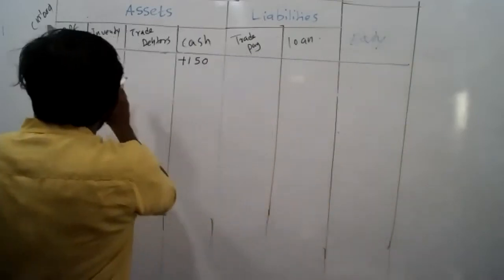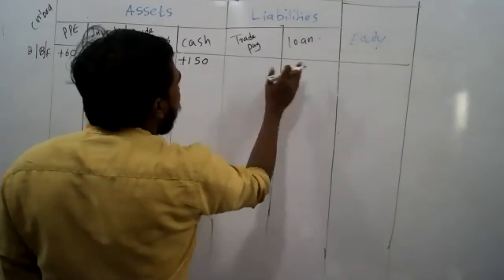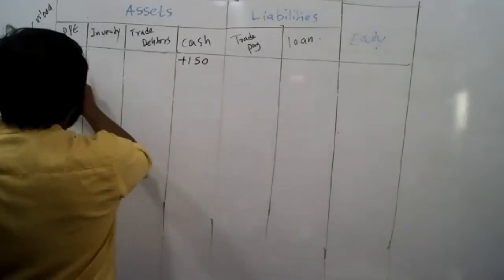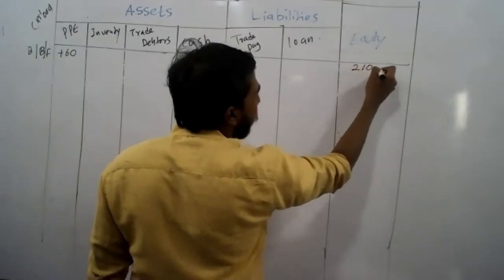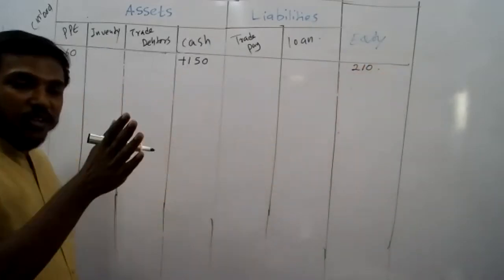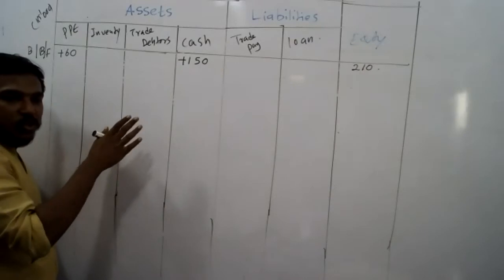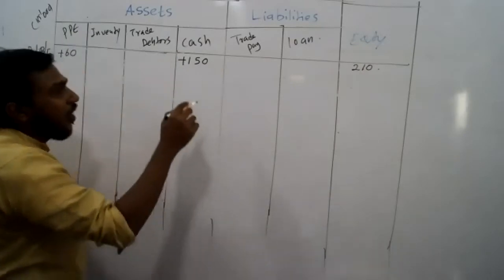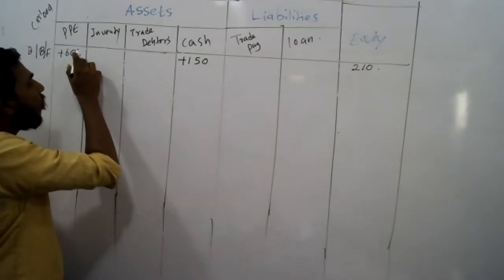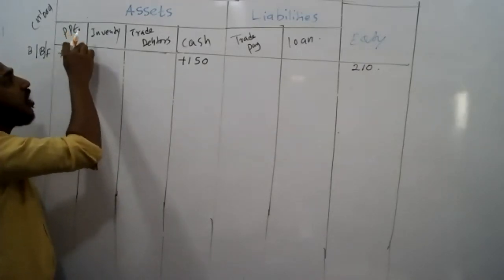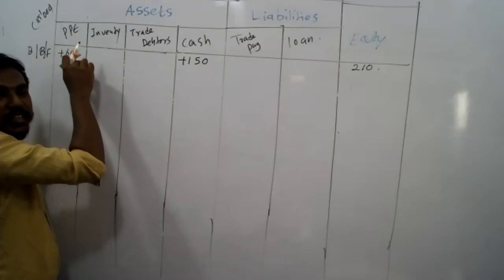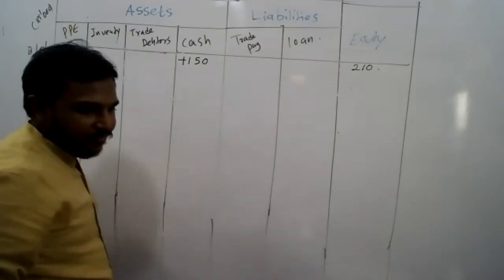Now how much is the total investment made by Narada? 60 furniture, 150 cash, so altogether it is 210. Students who missed this opening balance of 60 of property, plant and equipment didn't depreciate the furniture and fittings. Clear? So that's so crucial.